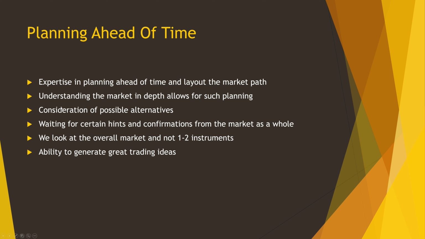And of course, we will always consider possible alternatives, because the market is never 100%, is never perfect, and we do have alternatives. So we're always going to plan ahead of time, of course. We will have in mind the alternative scenarios, and then we are waiting for certain hints and evidence confirmations from the market as a whole in order to allocate which is the highest probability move and why.